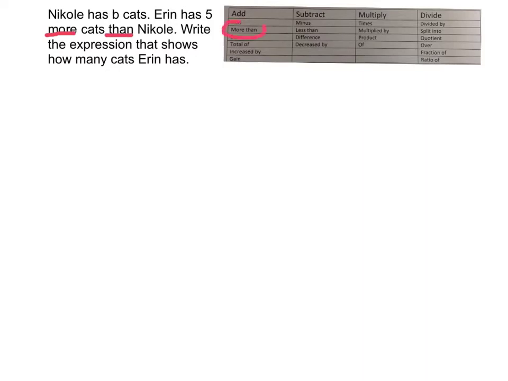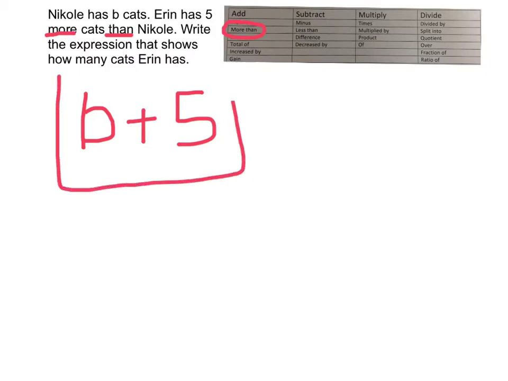Well, that's here in our add column, so we know we need to use the addition sign here. So we've got Nicole with B cats. Aaron has 5 more cats than Nicole, so we're going to add 5 to that. Write the expression that shows how many cats Aaron has. Our expression is B plus 5.